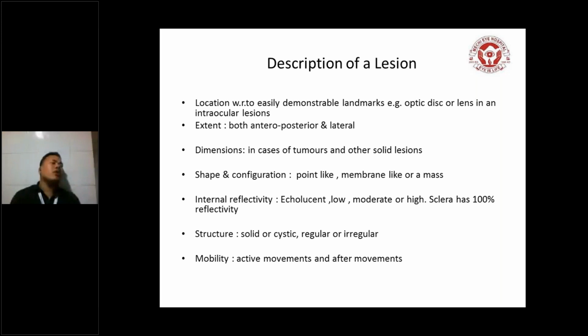It will be very easy to describe the echoes. In internal reflectivity, whether it is equilucent, low, moderate, or high, and we all know sclera is 100% reflective. So internal reflectivity is compared with the sclera. And whether the lesion is solid or cystic, regular or irregular.